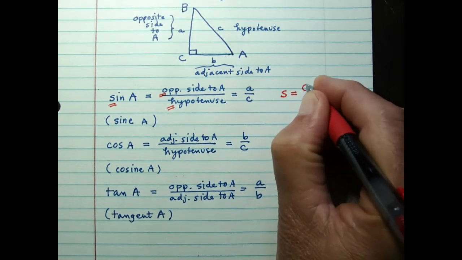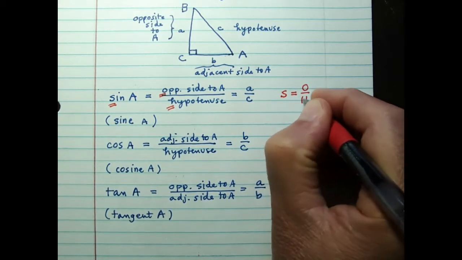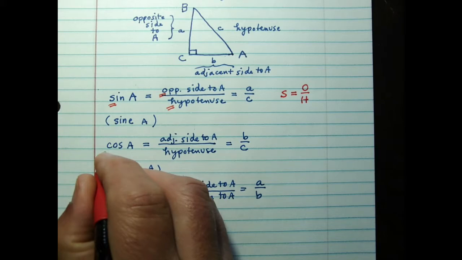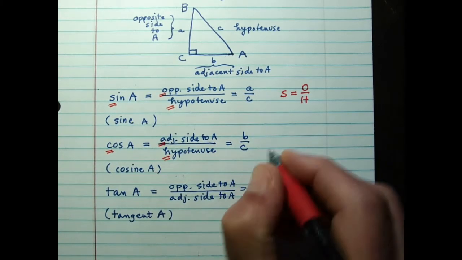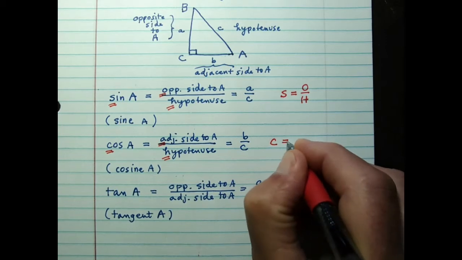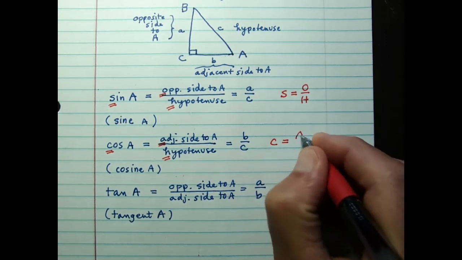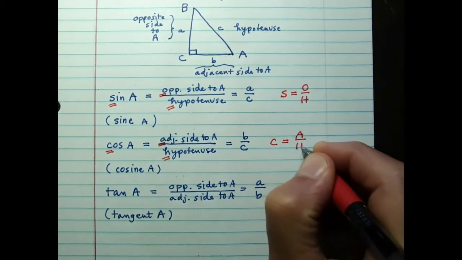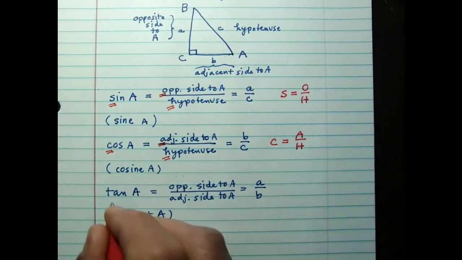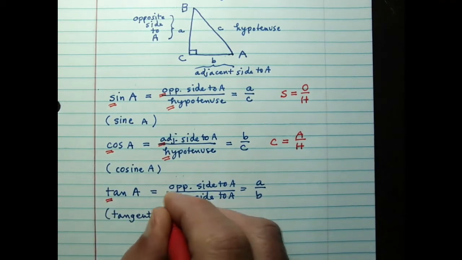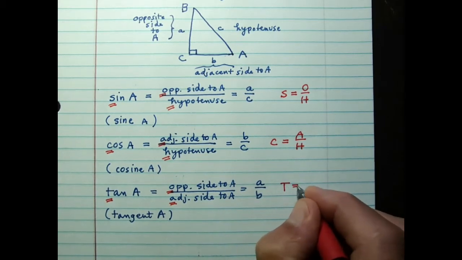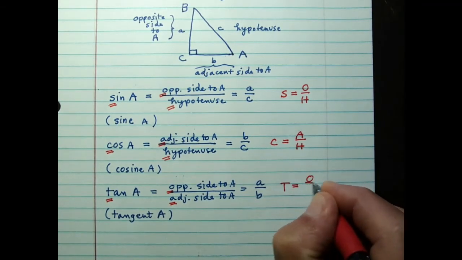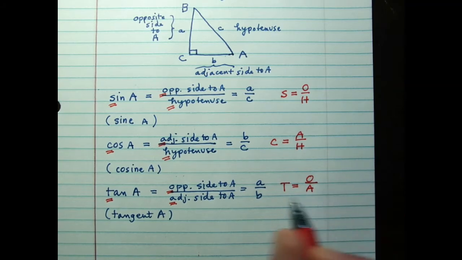Sine equals O for opposite over H, hypotenuse. Cosine equals adjacent over hypotenuse. Cosine equals A over H. And tangent equals opposite over adjacent. Tangent equals O over A.